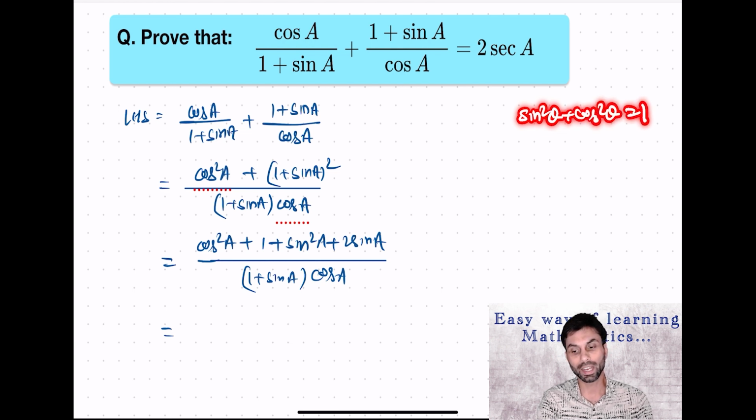So here sin square A plus cos square A will be equal to 1.